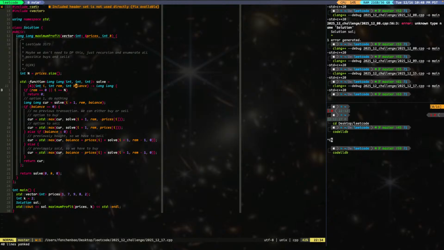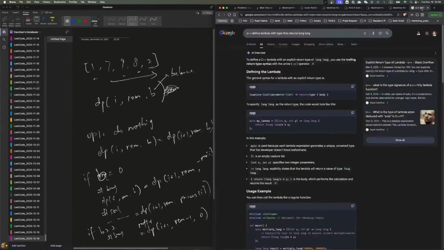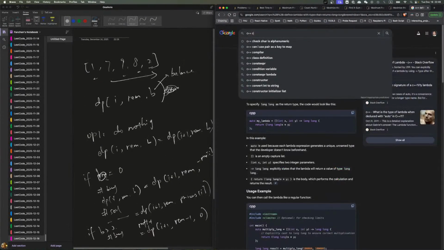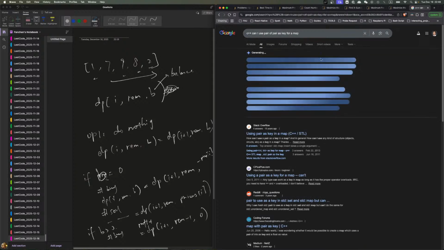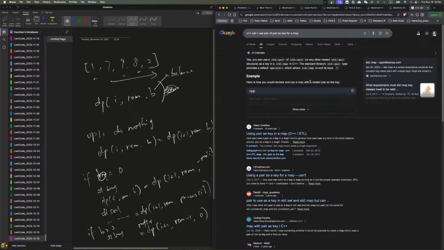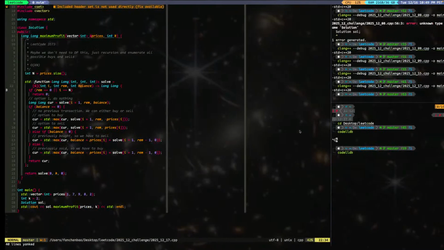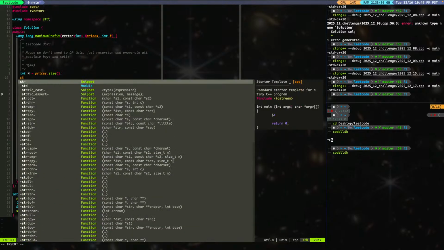Because you know the previous transaction position is this, and then I don't know, man. I don't know if you want to do this. And I don't know if it's a map. Can I use pair of pair as key for a map? Holy crap, I can. Alright, that's it. That's what I'm gonna do.